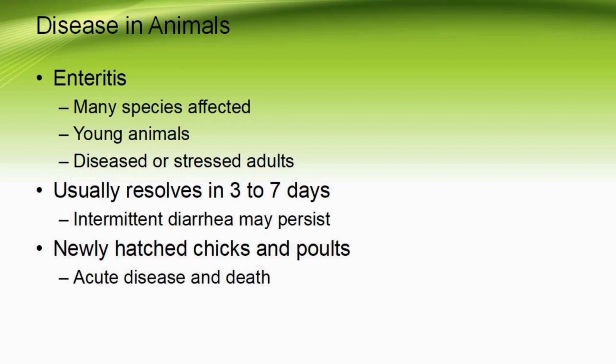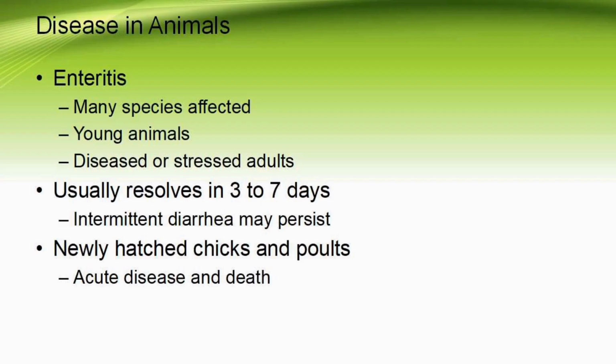In dogs, the symptoms can include diarrhea, decreased appetite, vomiting, and sometimes fever. The feces are usually watery or bile streaked with mucus and sometimes blood. The symptoms generally last 3 to 7 days, but some animals may have intermittent diarrhea for weeks and occasionally for months.